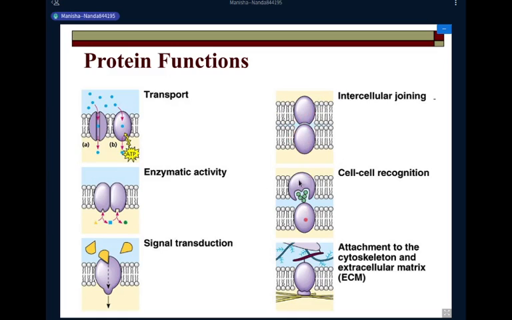Then cell to cell recognition. This I've already told you, that these glycoproteins, if you take a look at this membrane, have a carbohydrate attached to the protein that makes it a glycoprotein. And this is important in, for example, antibody responses. Suppose a particular immune system cell has to go and identify a cell that has been attacked by a pathogen.